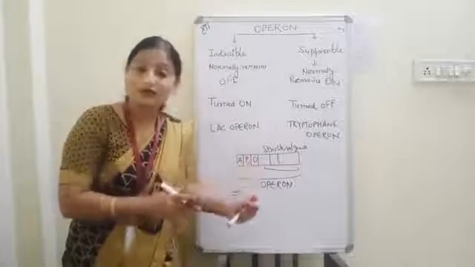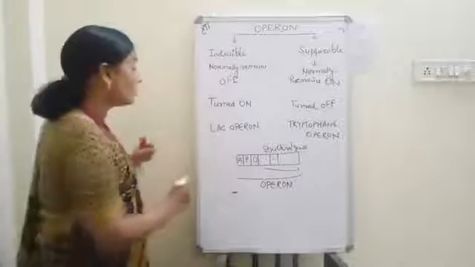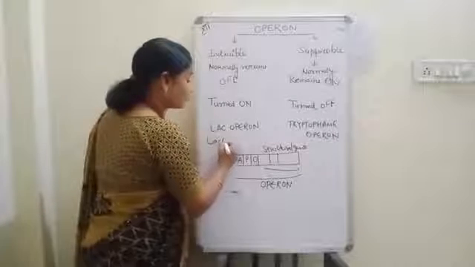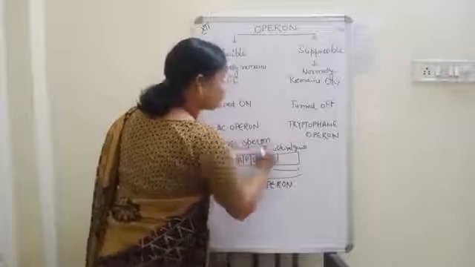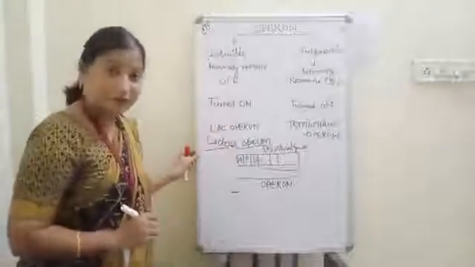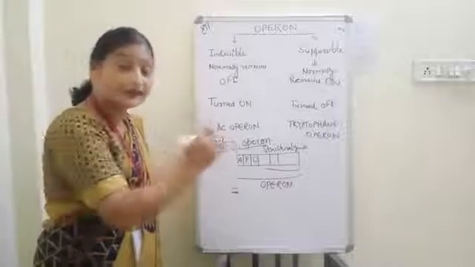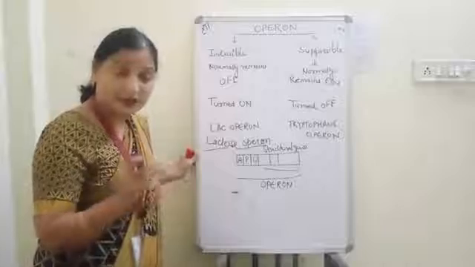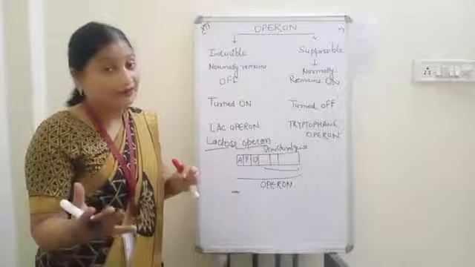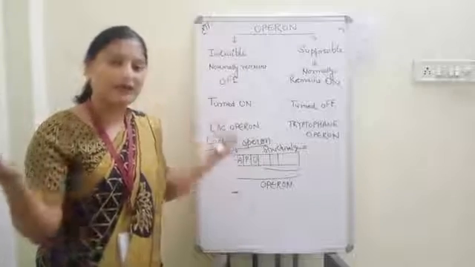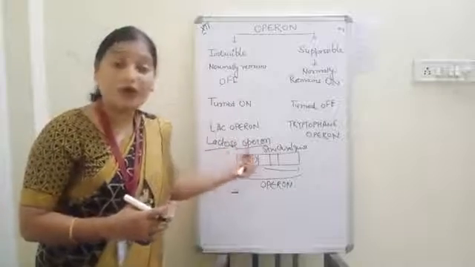Now, we have to see about the Lac Operon. This Lac Operon is normally called the lactose operon. It means in bacteria, if the function is regulated by lactose, by a gene which takes the lactose, and with the help of that lactose helps in the synthesis, then that is called the Lac Operon.